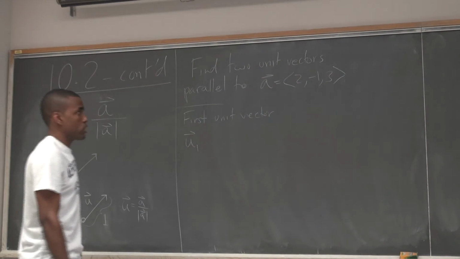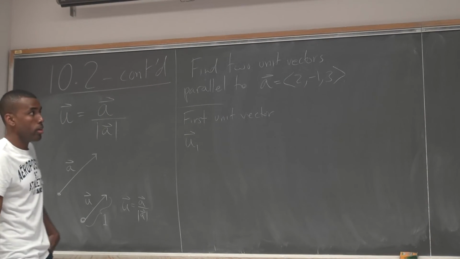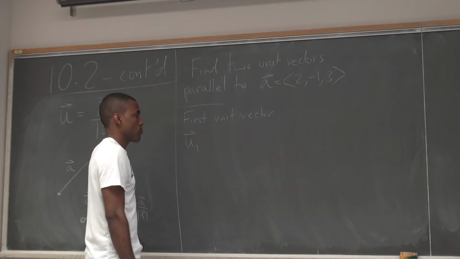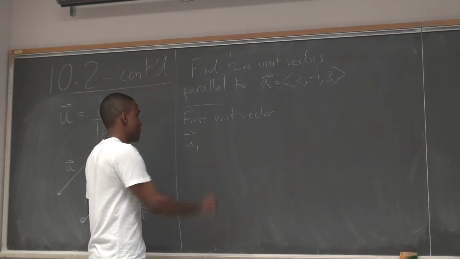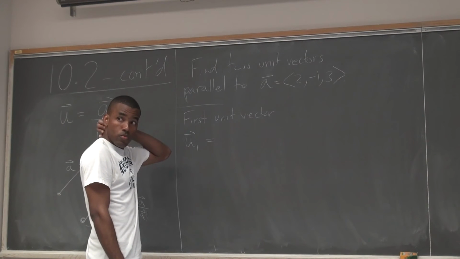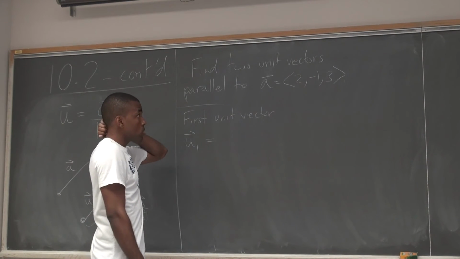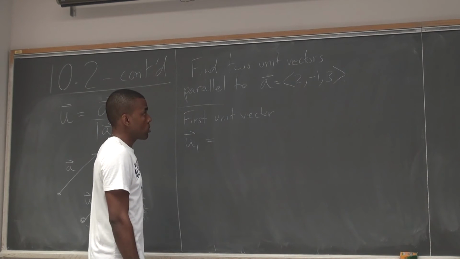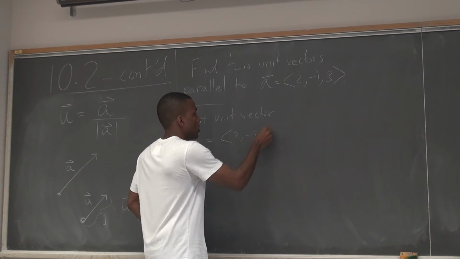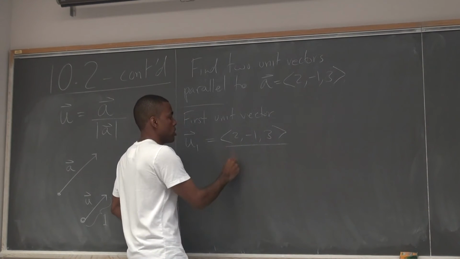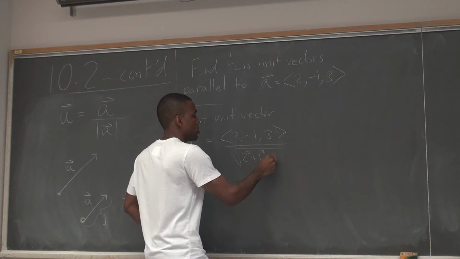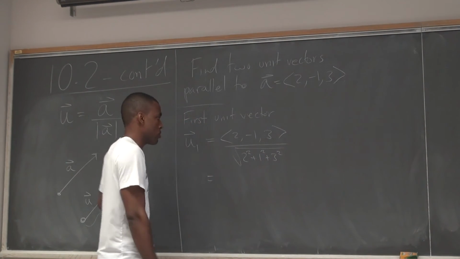Call the first unit vector u1. What's u1? Yep, 2 over radical 14. So you divide by the magnitude, which is just going to be radical 2 squared plus 1 squared plus 3 squared, which we saw earlier was radical 14.